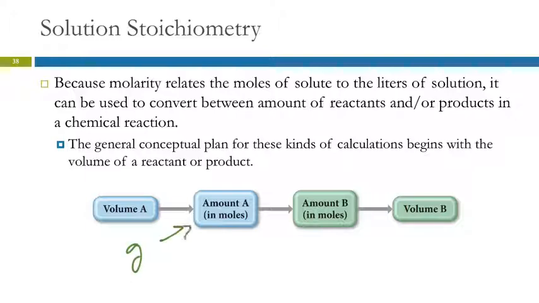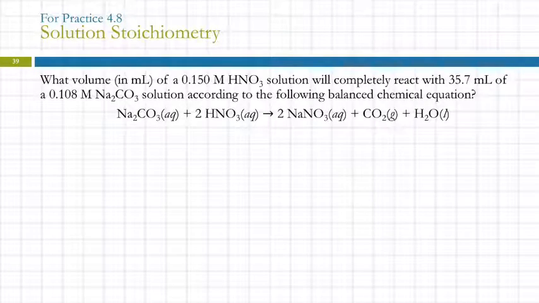So instead of grams to moles, we may do volume. And at the end, instead of grams of your product, you might end up with a volume of product. Grams to moles to grams is still a good place to start, and then just adjust it as needed. Let's do an example.